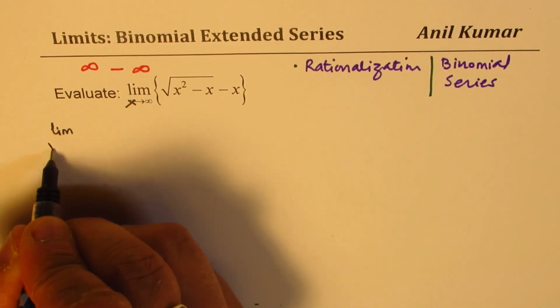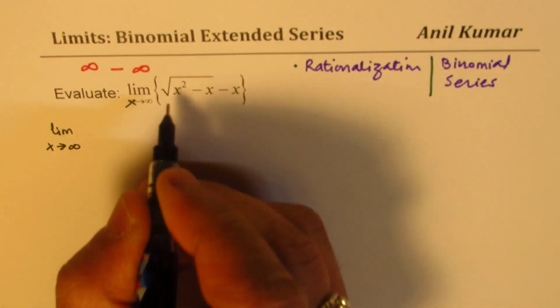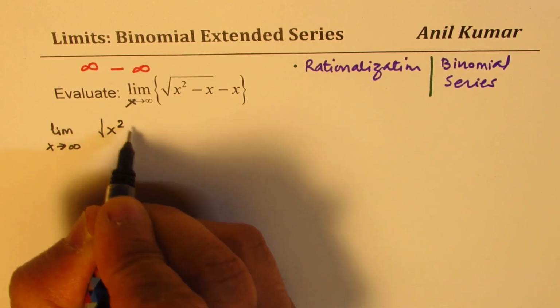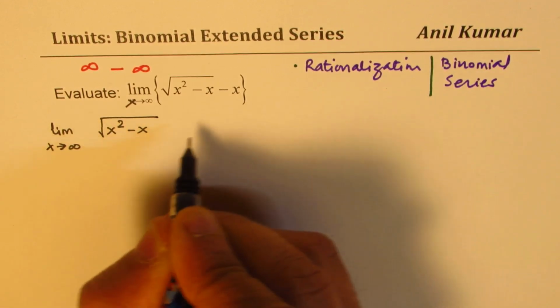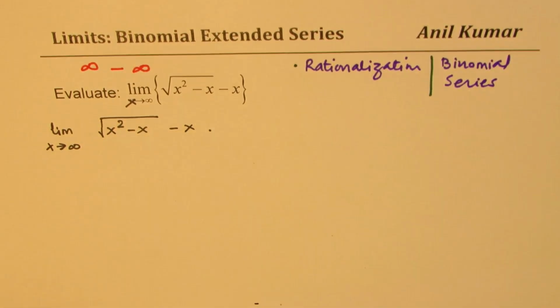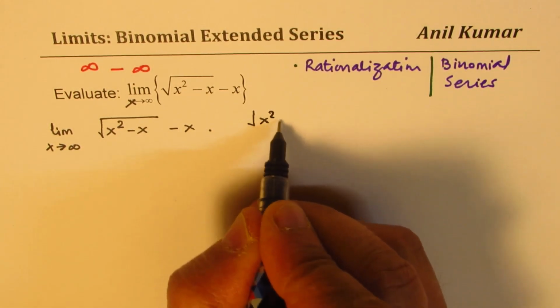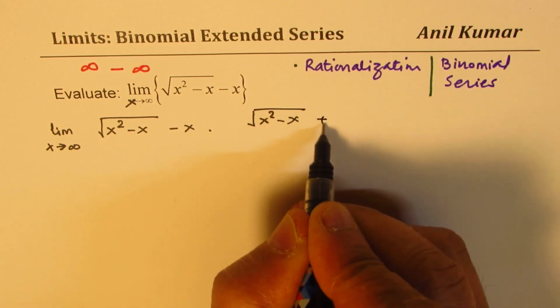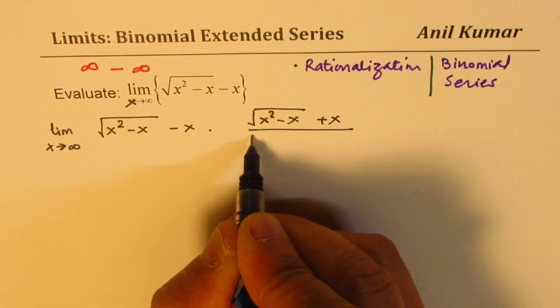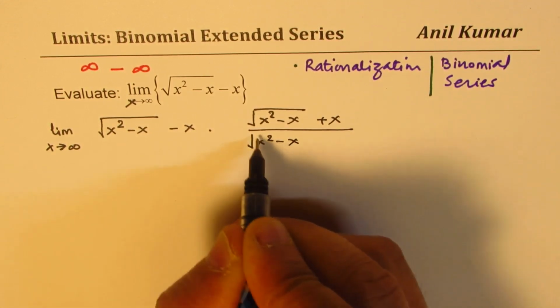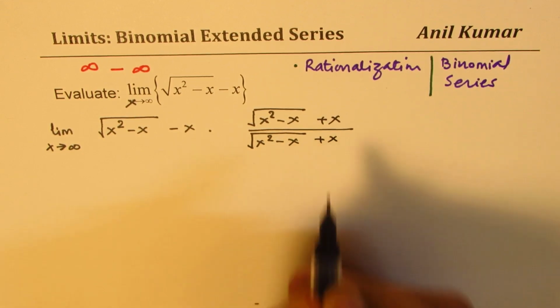So we have the limit as x approaches infinity of the square root of x square minus x. To rationalize, I have to multiply and divide by its conjugate. So we get square root of x square minus x plus x over square root of x square minus x plus x.